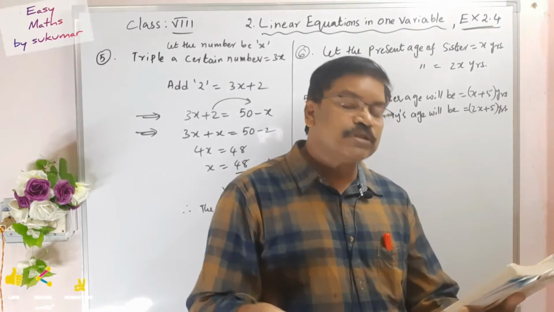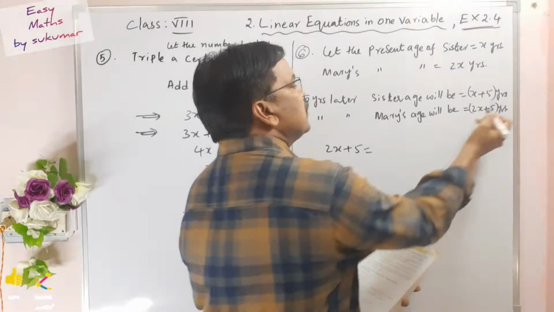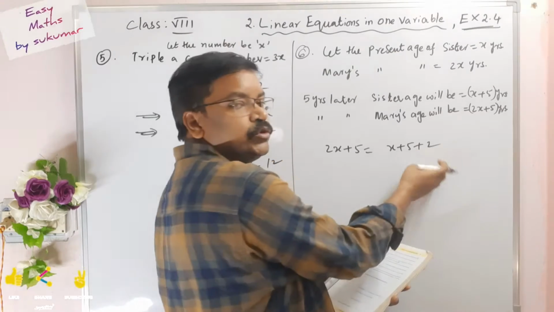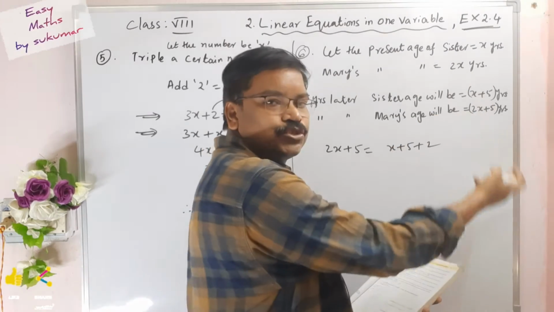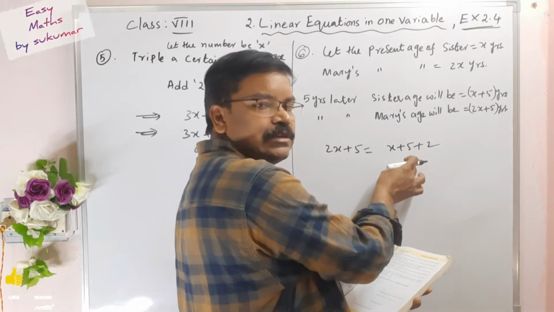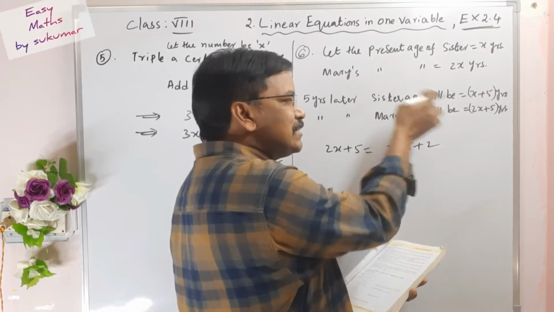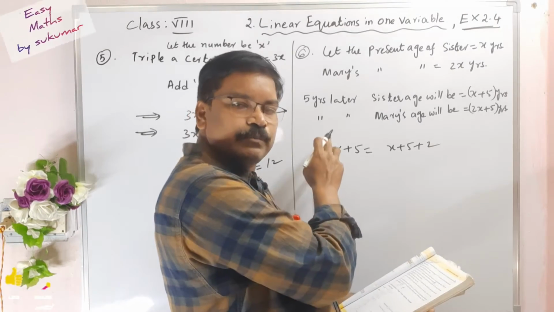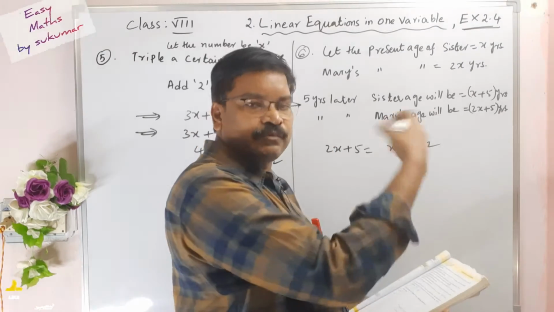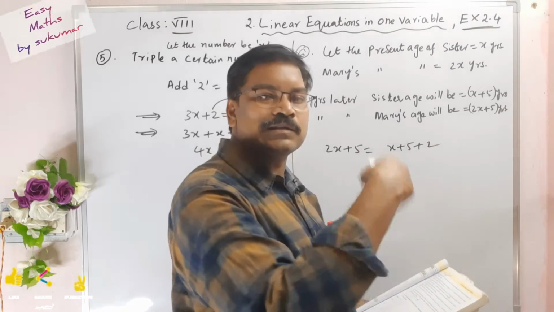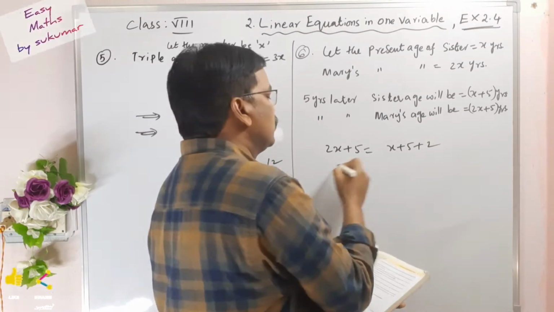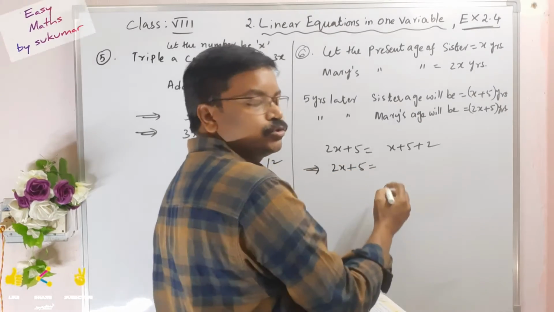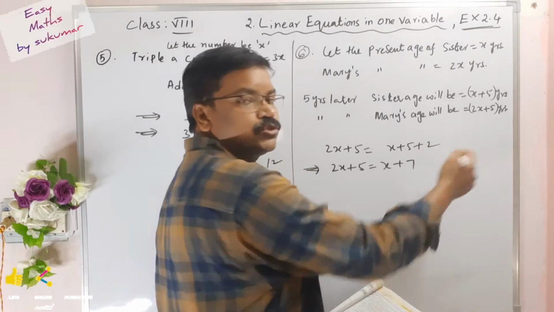Two years older than her sister means the sister's age, x plus 5 after 5 years, plus 2, so x plus 5 plus 2. So my dear students, this implies 2x plus 5 is equal to x plus 7. 5 plus 2 is 7.